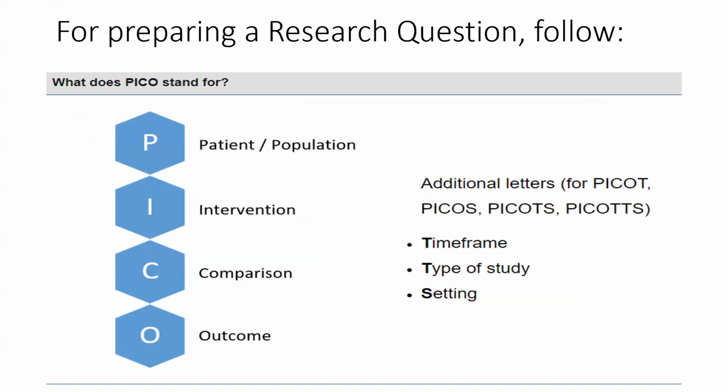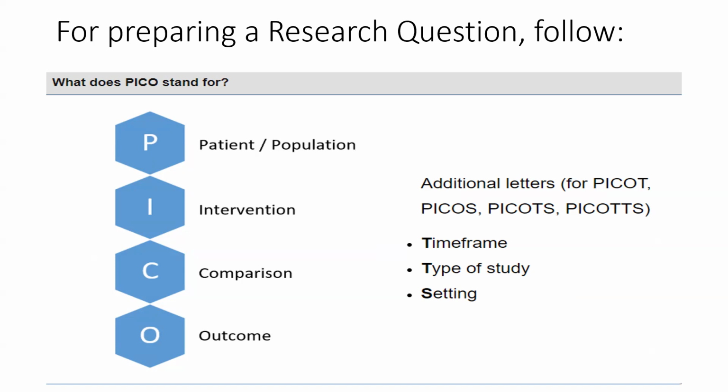Now, if you are doing a systematic literature review or any review paper, first of all, you need to identify your topic and research question. And to identify your research question, you need to apply some framework. For example, the PICO framework.